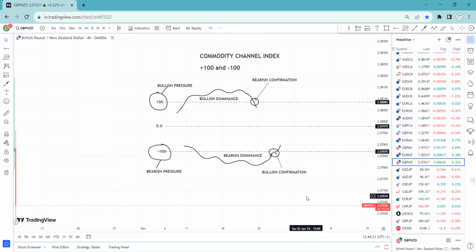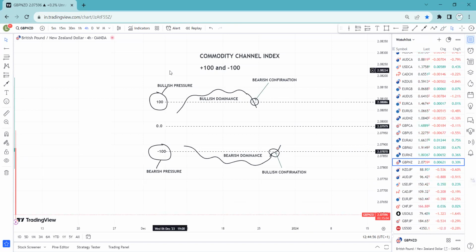So now, before I go ahead to tell you more confirmation techniques, let me take you back to memory lane. We started and I said that oscillating indicators are used, number one, to study price momentum, number two, price direction, and number three, market behavior. Number one, price momentum, which is price pressure.